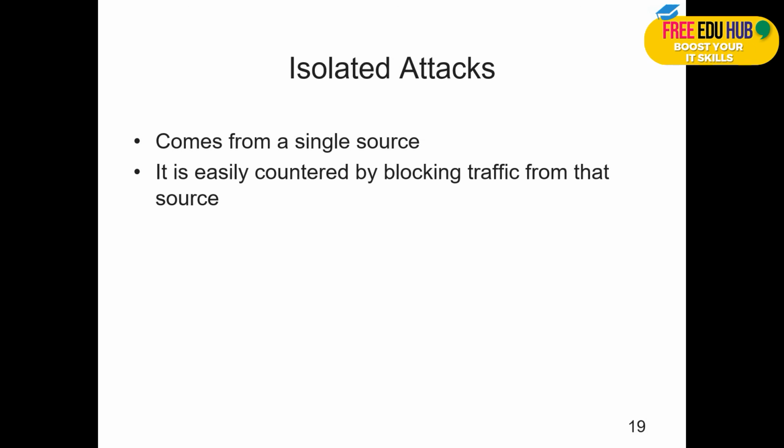Now, isolated attacks come from a single source. They are easily countered by blocking the traffic from that source, because if the attack is coming from one computer specifically, you can easily know the reason for it. There are multiple ways to troubleshoot it. First of all, you can block it on the network. The second thing is you can investigate it.